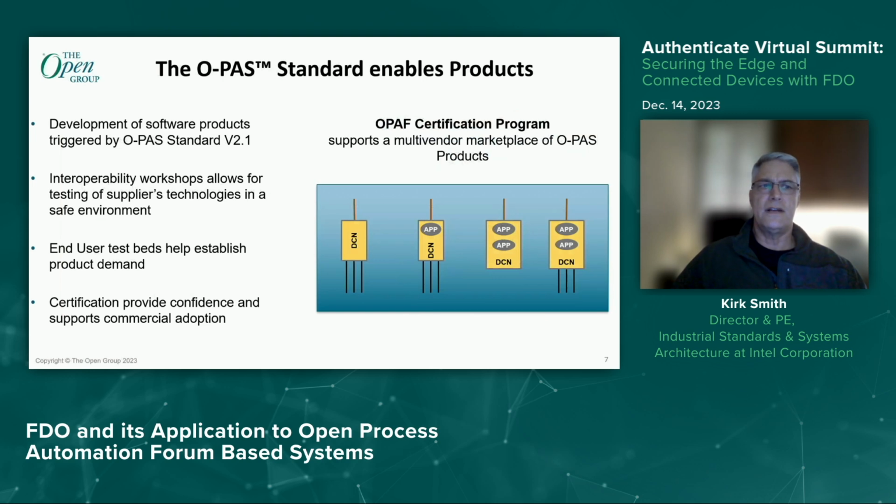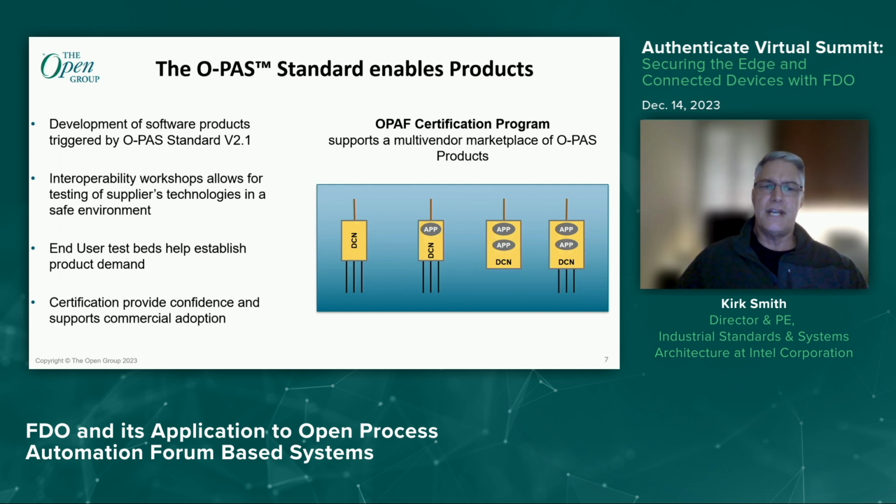So the standard with version 2.1, version 2.2 will be coming out with some errata corrections in connectivity and a few systems management areas as the validation proceeds. But this is really the first version that allows you to begin certifying products. To do that, we hold interoperability workshops that allow for testing of a supplier's technologies in a very safe environment.